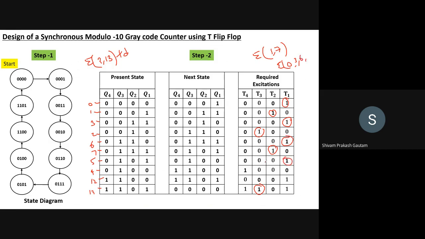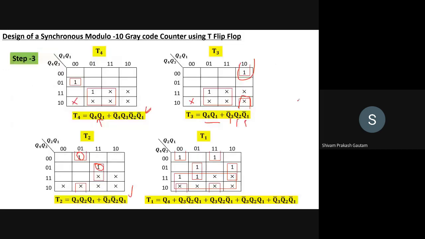This is again 5, 12, 13. This is just the pattern 0, 3, 5, 6, 12, 13. So 0, 3, 5, 6, 12, and 13, right?